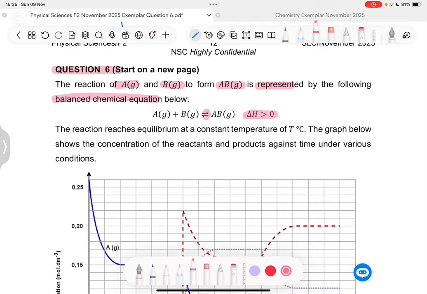We further are given that here the change in enthalpy is greater than 0. That is to say that this reaction is an endothermic reaction because our change in enthalpy is positive. So this means that this reaction absorbs energy. It requires energy for it to happen.